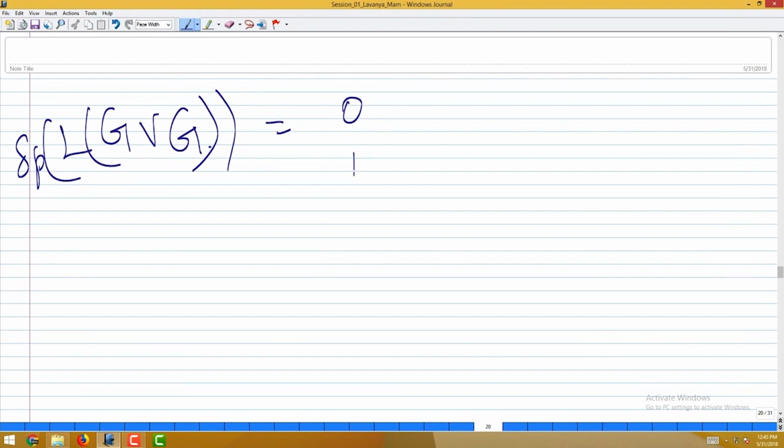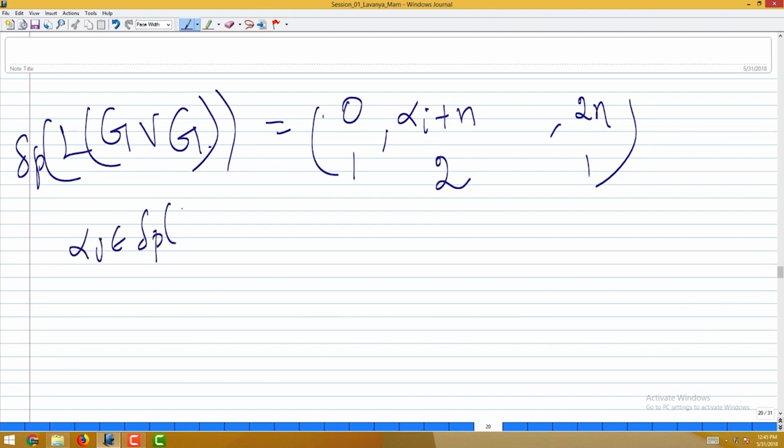Yes, 0 once, 2n once, and the others twice. So for every alpha i, it is going to be repeated twice, where alpha i is the spectral value of L of G.